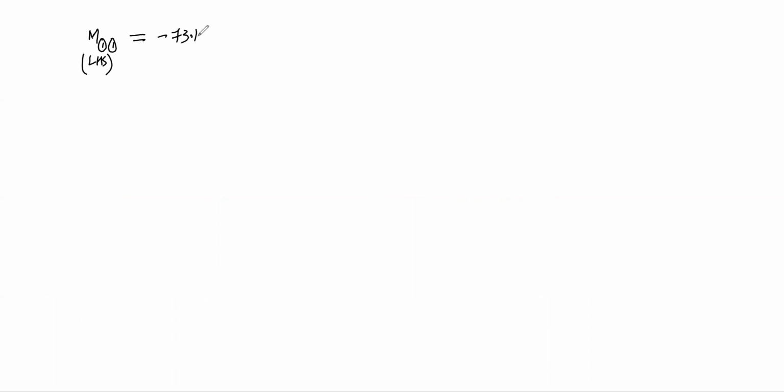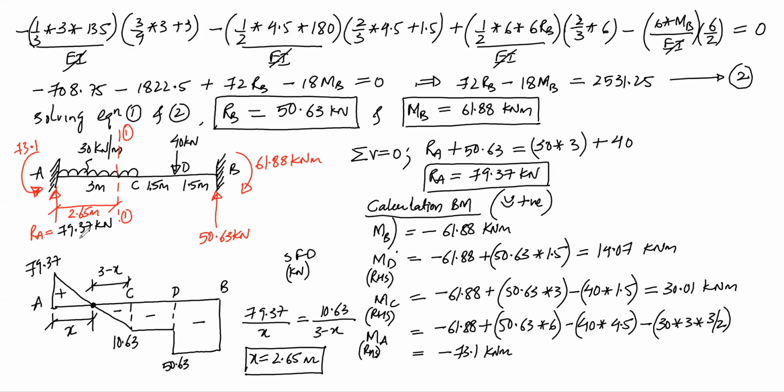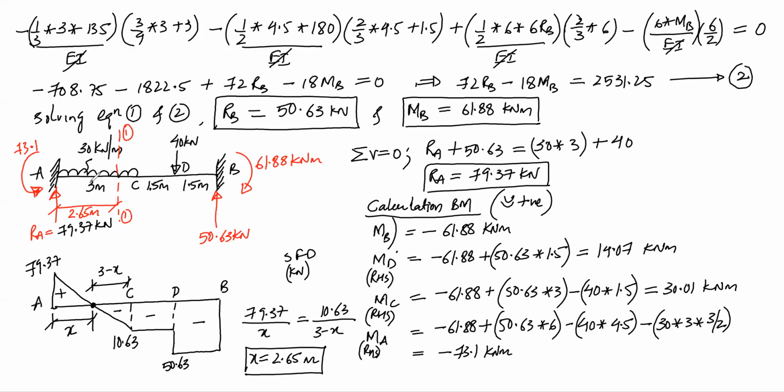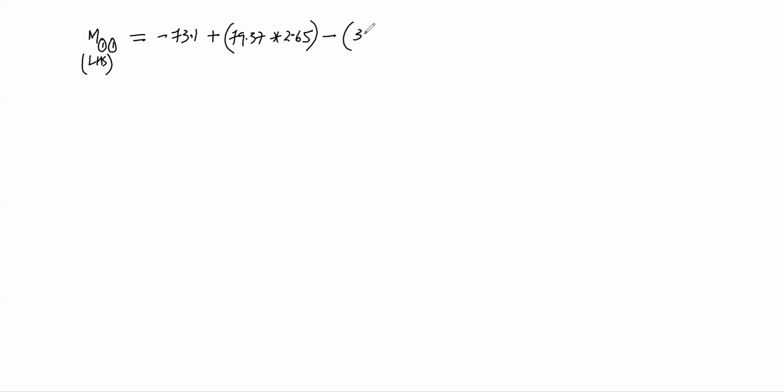So this will be minus 73.1 plus, due to the reaction, 79.37 into 2.65, and due to UDL it will be hogging, that is minus 30 into 2.65 into 2.65 by 2, right?